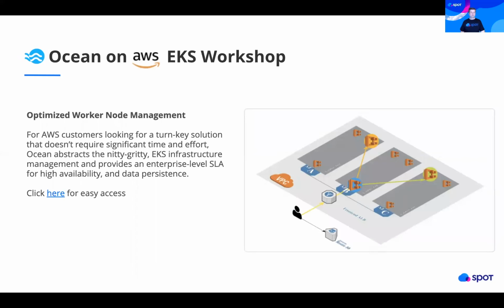Furthermore, we're officially part of the EKS Workshop from AWS. If you use AWS today and you use EKS, we'll share this link for the EKS Workshop. Ocean is an official section of this workshop for a turnkey solution that will run your EKS cluster as efficiently as possible. Again, this workshop comes directly from AWS. Ocean is a part of this workshop.